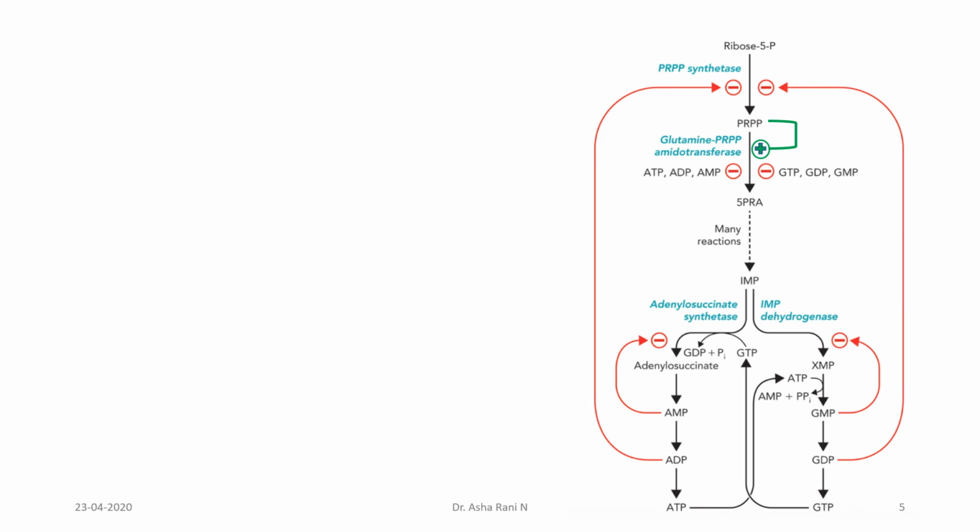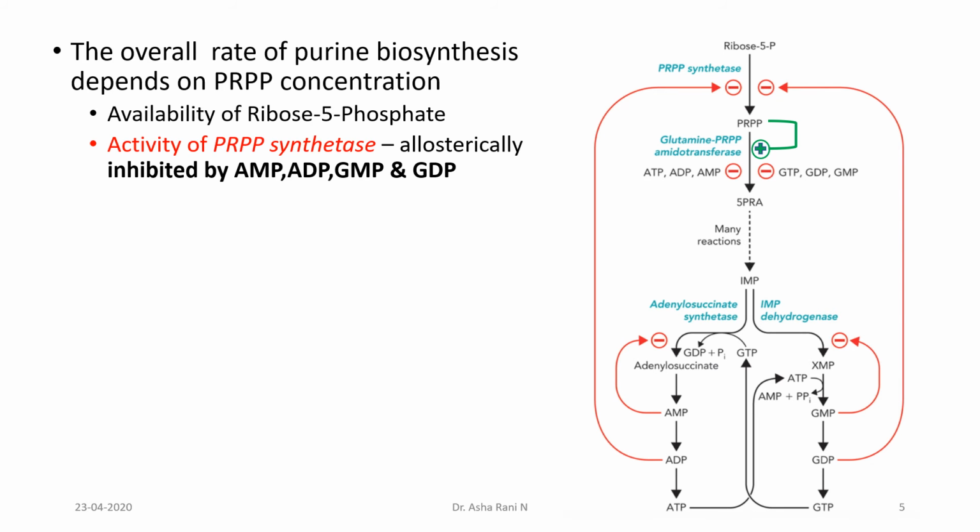Now we will see a little more about how these two enzymes are regulated. If you see the overall rate of purine biosynthesis, it mainly depends upon this molecule concentration, that is PRPP concentration, which in turn depends upon the substrate, that is ribose 5-phosphate.